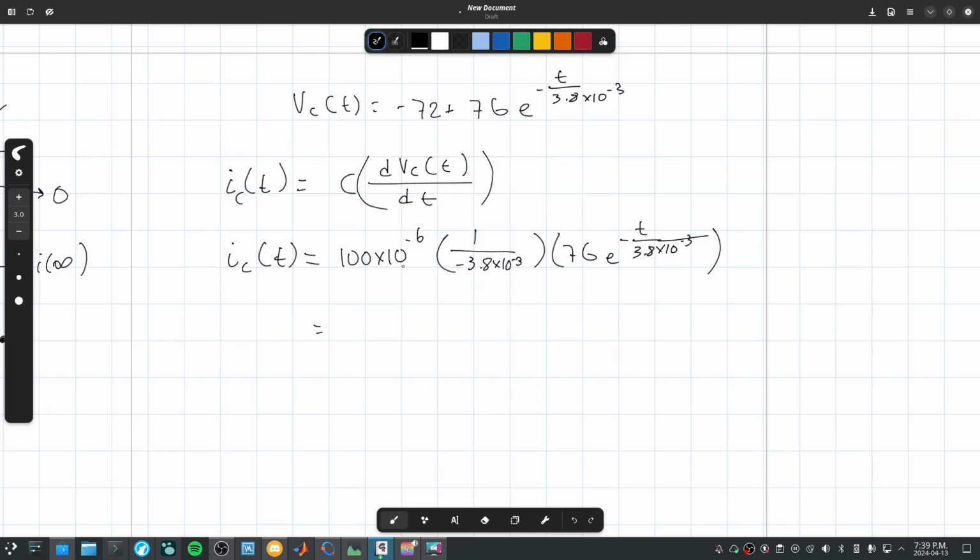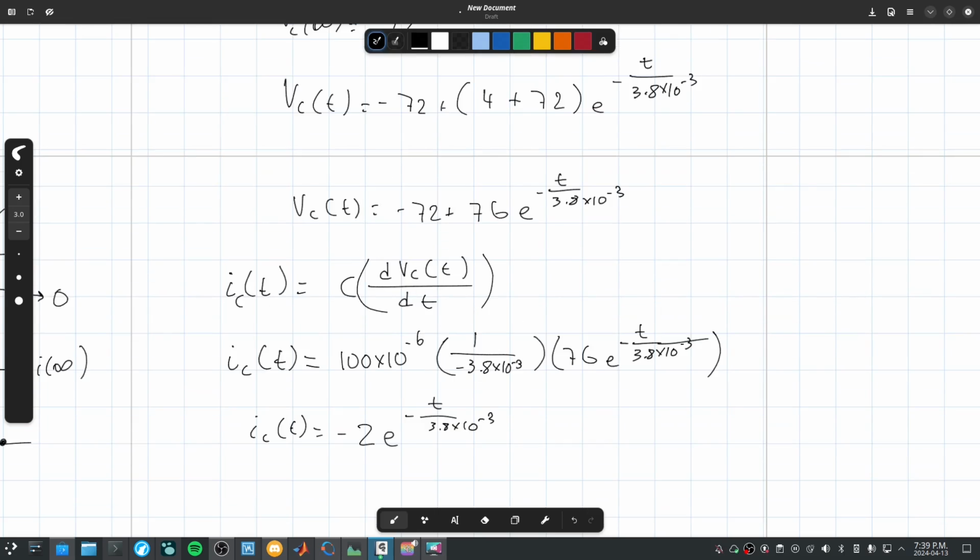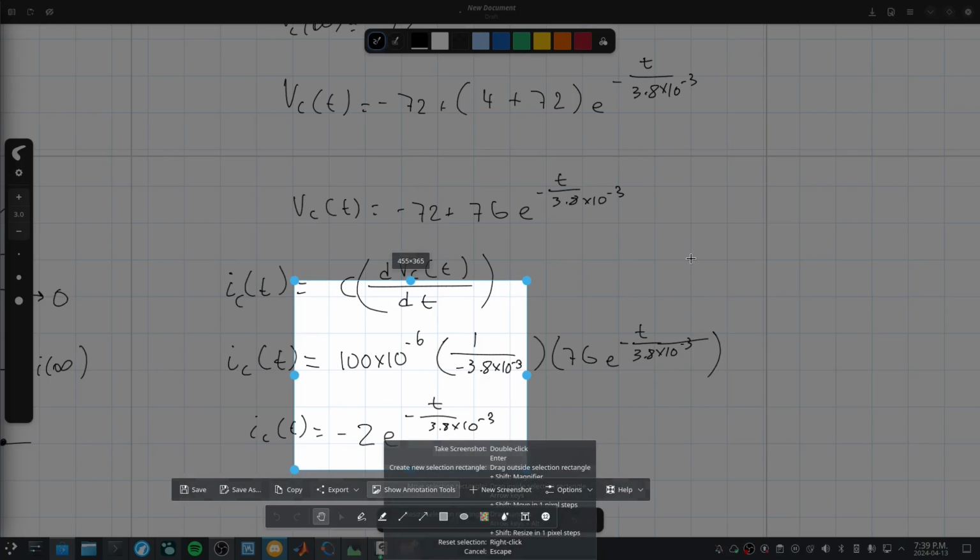Sorry about the coughing. Negative 2 e to the negative t over 3.8 times 10 to the negative 3. There you go. You just follow the formula.